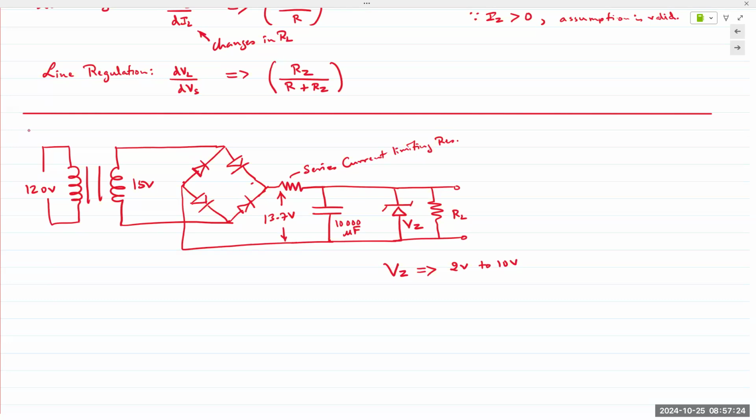That would be part of the consideration of designing the supply. So we take the Zener resistance into account, and then we'd see what happens when it discharges. Hence, we choose a very large value of the capacitor. Even if it does discharge, the size of the capacitor is quite large compared to the Zener resistance, so it's going to be a very slow process.